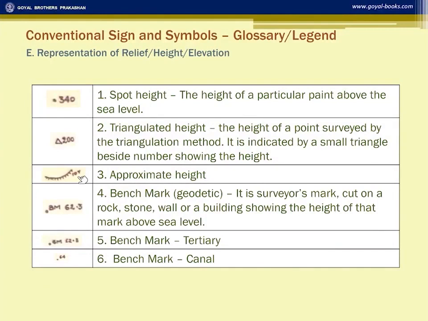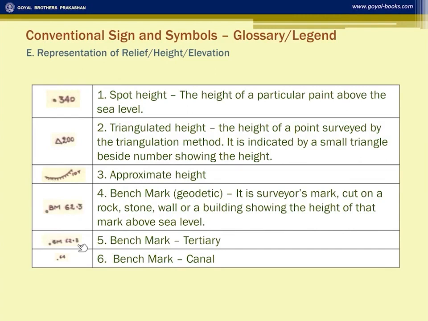Approximate height is shown by the symbol and benchmark by BM. BM means benchmark. Beside that, 62.3 is written, which shows that the height of that particular point is shown in meters. It is generally a surveyor's mark cut on a rock, stone, wall or a building, showing the height of that mark above sea level.